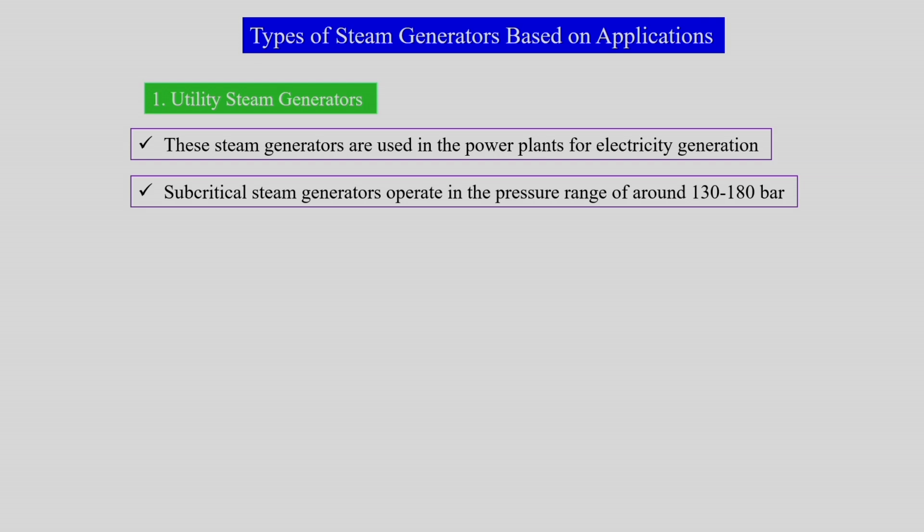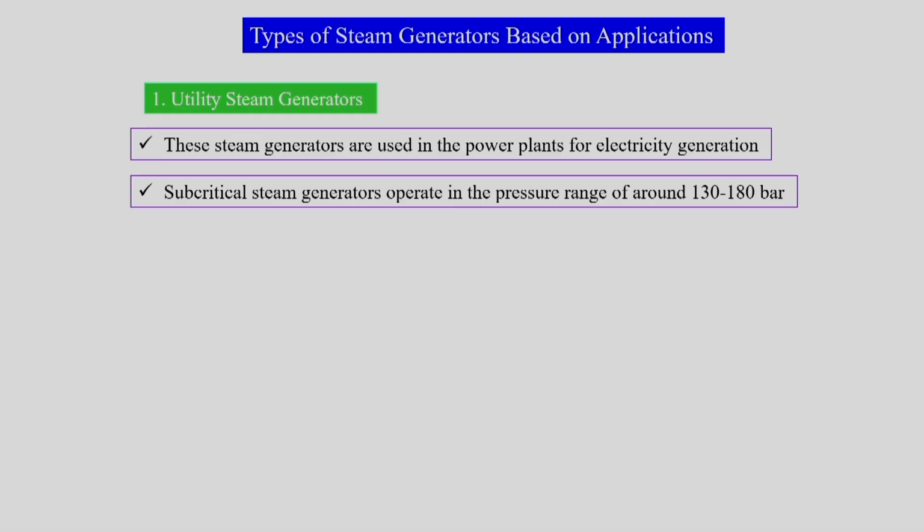One is the subcritical steam generator, another is the supercritical steam generator, and these two types are based upon the pressure of the steam which is supplied to the steam generator. If a utility steam generator is of subcritical type, then it would be handling steam at pressures of around 130 to 180 bar.